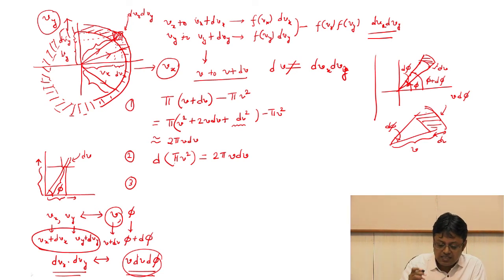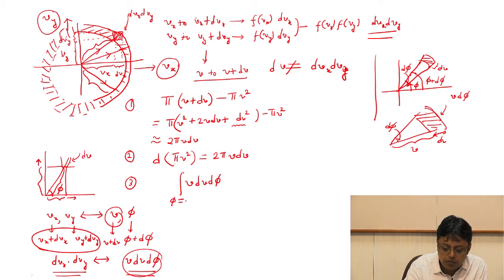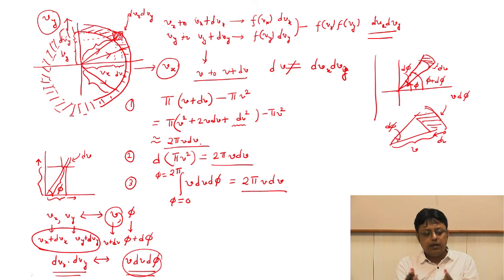So that annular area, I can get it by integrating this infinitesimal area over the angle for phi going from 0 to 2 pi, and that will be very straightforward. Integration of d phi is only phi, so you'll get 2 pi v dv. So whichever way you want to visualize it, I'm getting this annular area as 2 pi v dv.